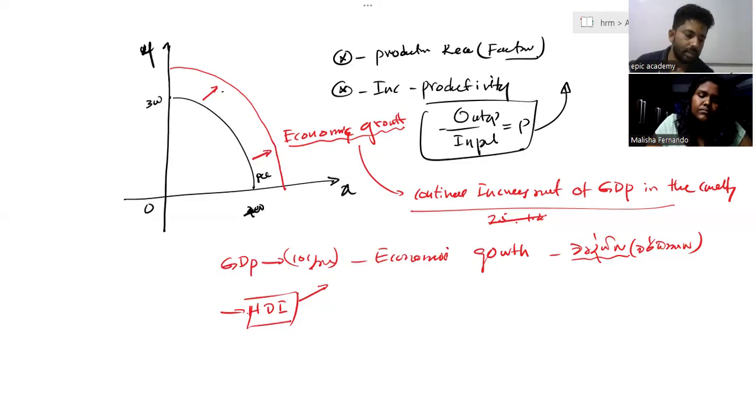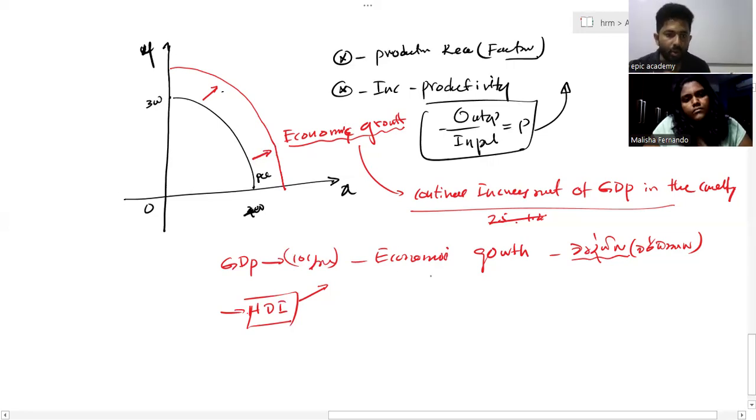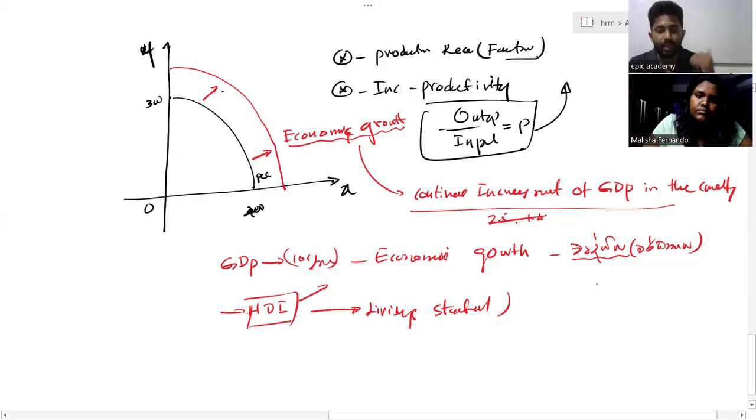Health, education, social life, freedom of religion, freedom for women, gender equality, each and everything is included in the human development index. That means you are going to increase the quality of life, the living standard. If you can continue the economic growth with that living standard improvement, we call it economic development.